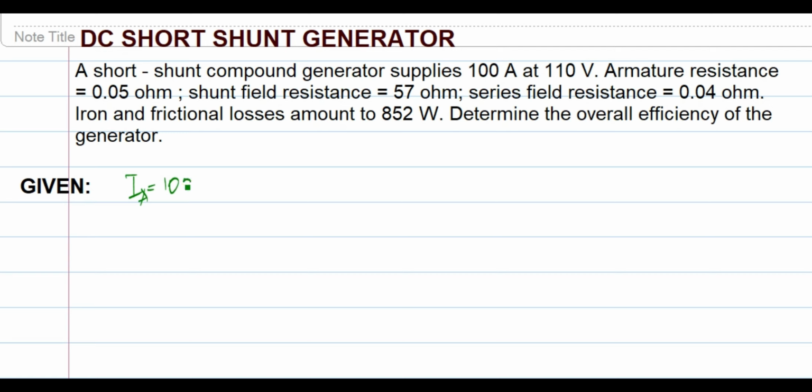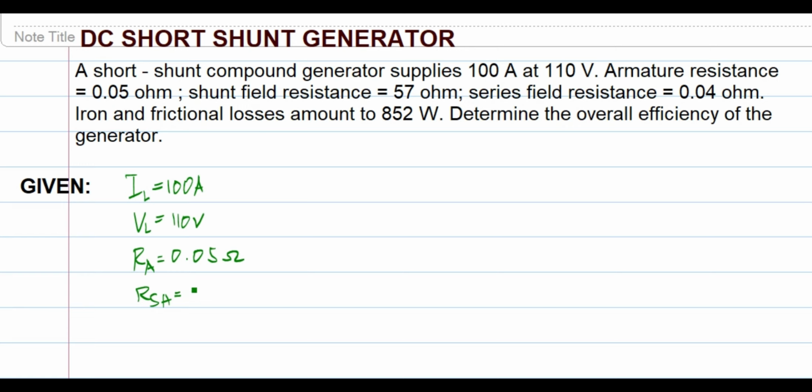IA of 100 amps. IL of 100 amps. VL of 110 volts. RA of 0.05 ohms.